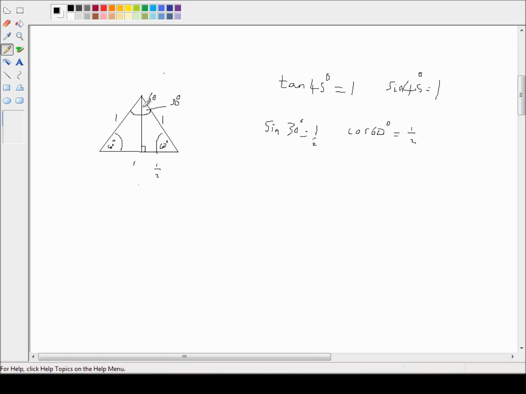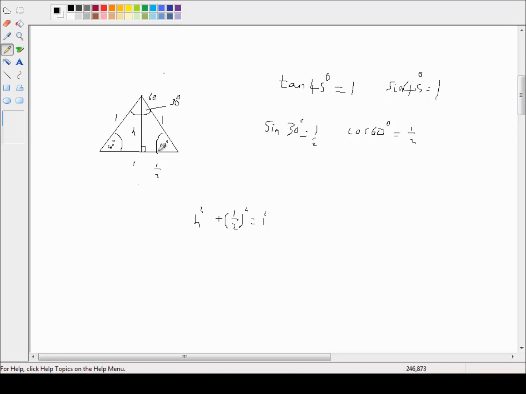Well, again, we can use Pythagoras' theorem. Let's say this is h for the height of the triangle, and let's say h squared plus this length here, which is a half squared, is equal to 1 squared, which is the hypotenuse. That's just Pythagoras' theorem again.